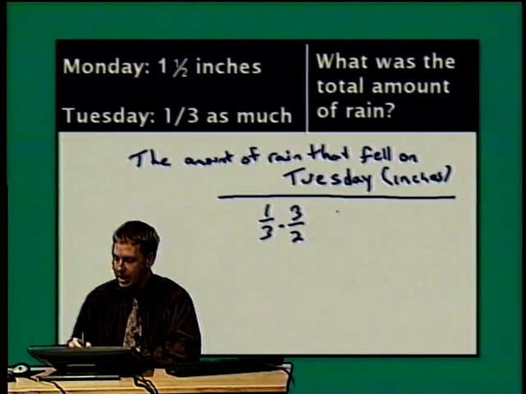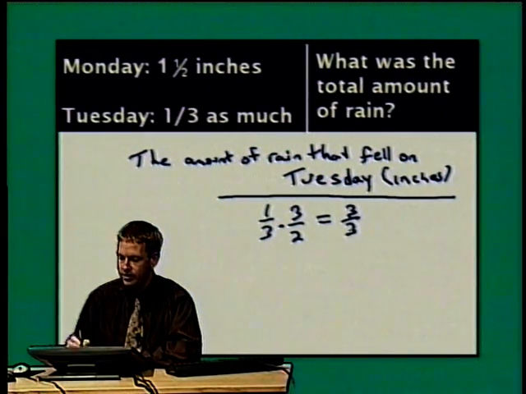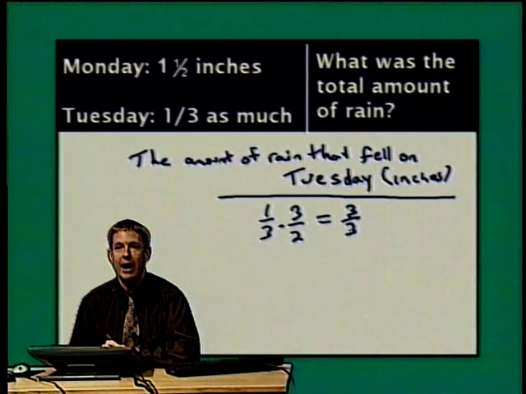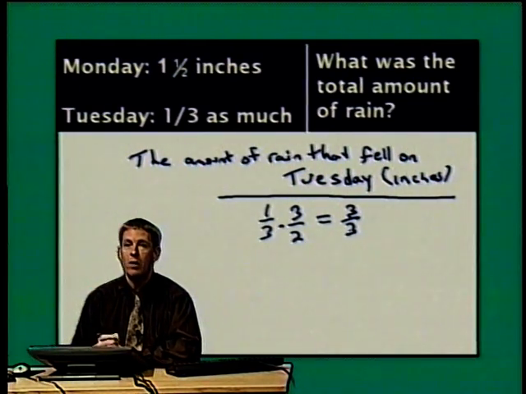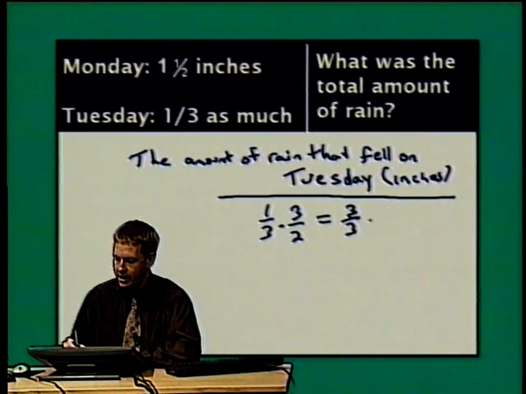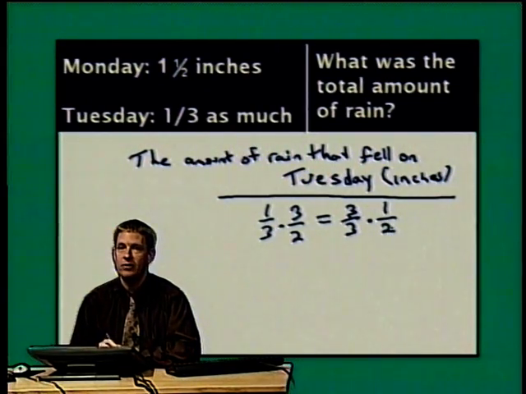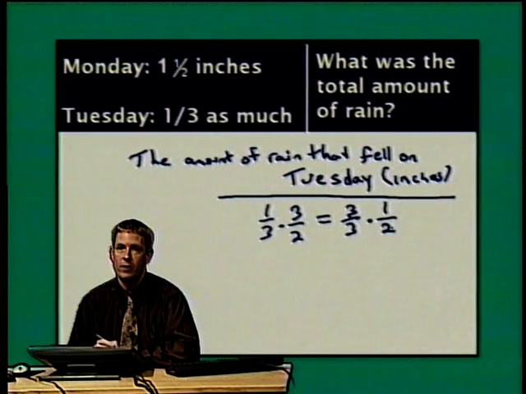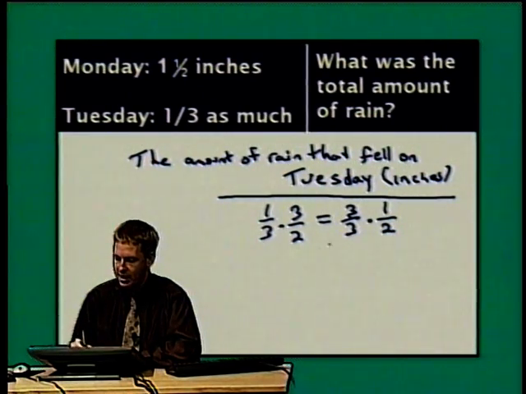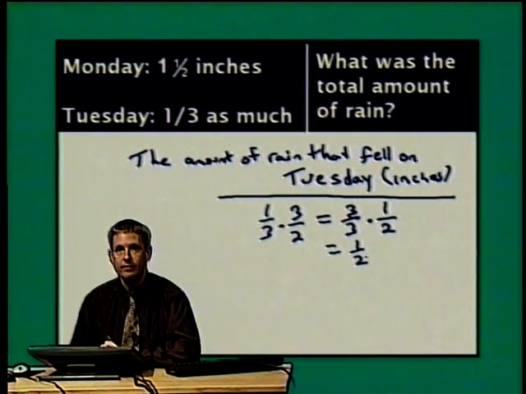I can see that when I perform this multiplication, there are factors of 3 in both the numerator and the denominator. And when I pull out those factors of 3, I'm left with a factor of 1 in the numerator and a factor of 2 in the denominator. 3/3 is 1, and 1 times 1/2 is 1/2.